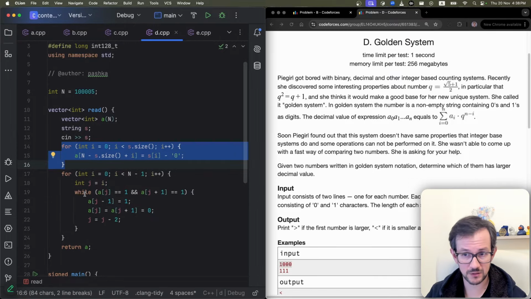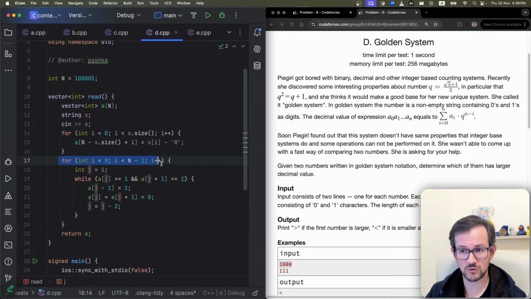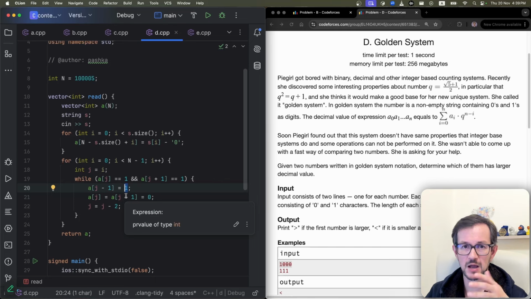Then simplify it. So I go left to right. While I have 1 and 1 in positions j and j plus 1, I remove them, put 1 in position j minus 1, and continue to position j minus 2. Since I have another 1 here, maybe I again have some cascade of this operation.